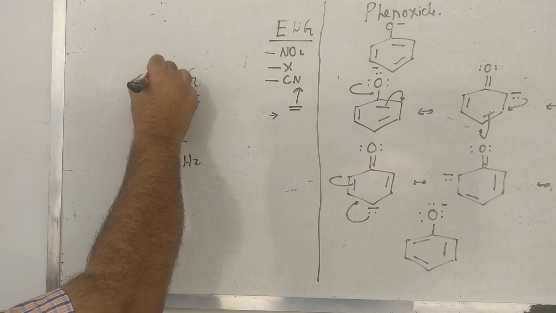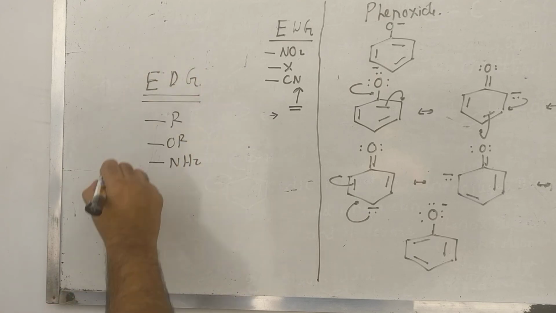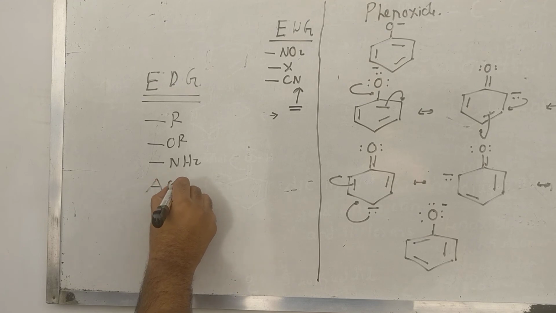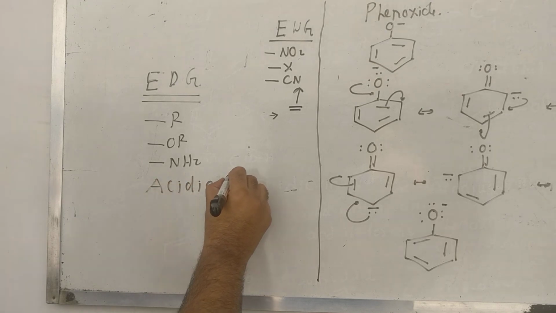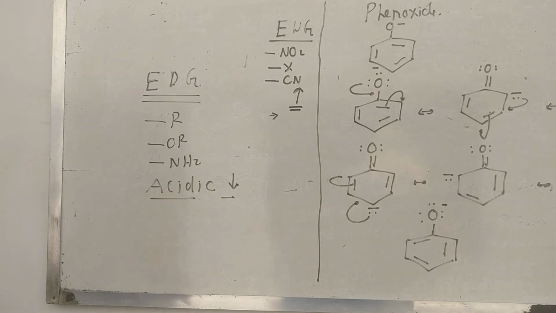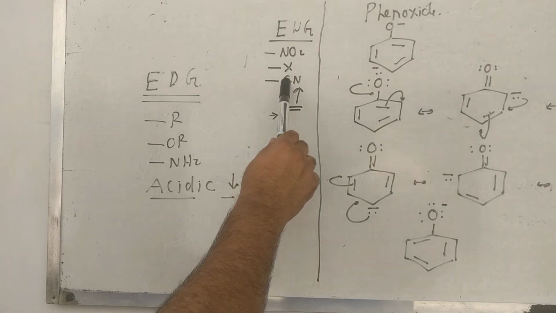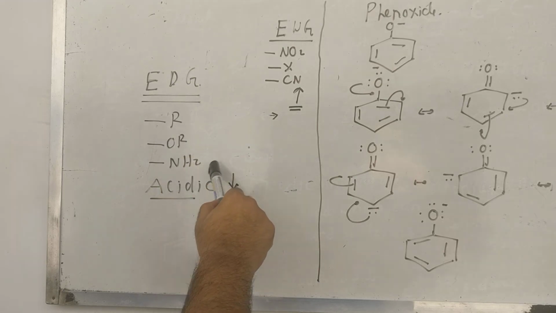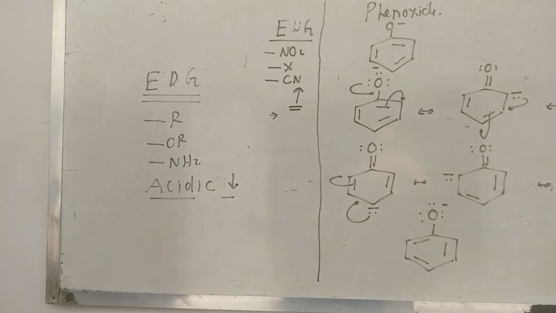If you put all these electron donating groups on the benzene ring in phenol, you will find the acidic nature will decrease. So in phenol, if you put electron withdrawing groups, acidic nature increases, and if you put electron donating groups, the acidic nature of phenol is going to decrease. Reason being, electron withdrawing groups increase the stability of phenoxide ion, and electron donating groups decrease the stability of the phenoxide ion.